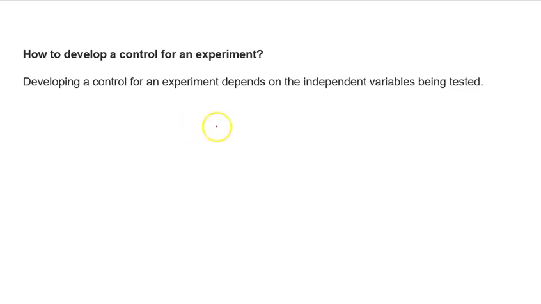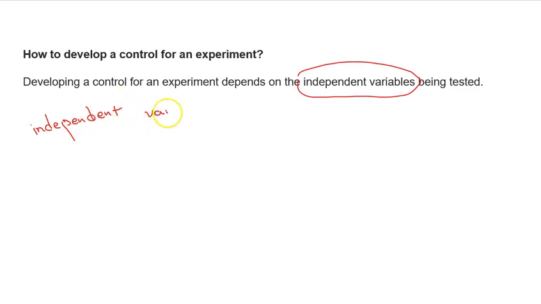But at first, we should make sure we know the differences between independent variables and dependent variables and how to find them. So for each experiment, we should know how to find the independent variable and dependent variable.